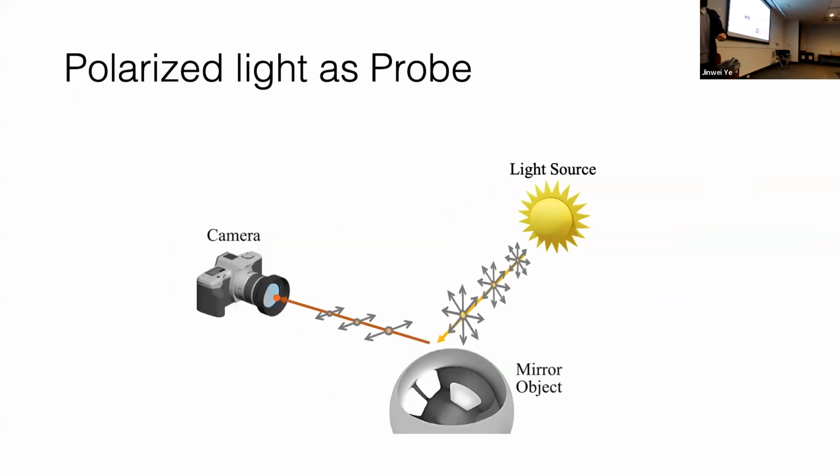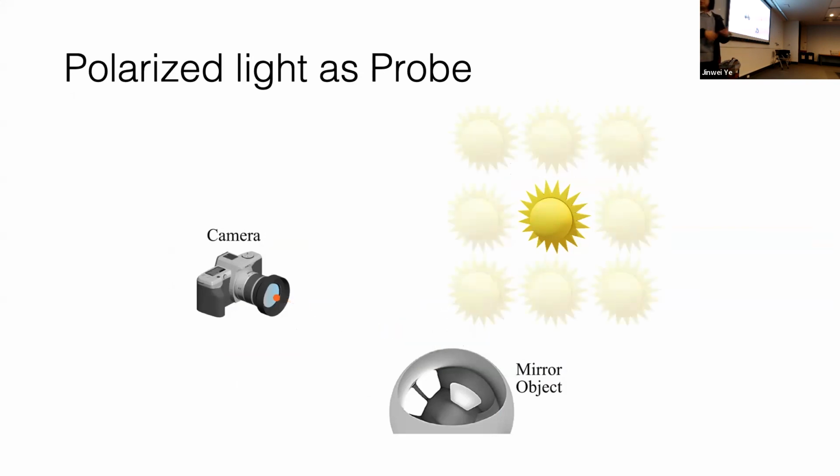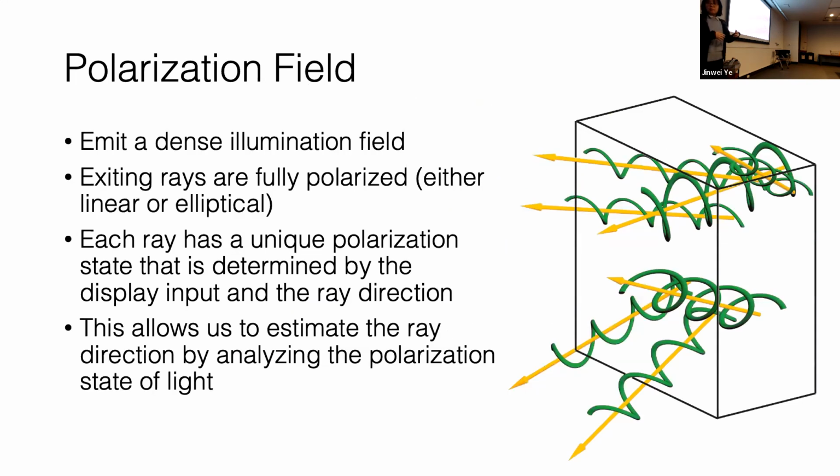The hope is if we know the polarization of the incident light, and we can also measure the polarization of the exit light, then by applying the Fresnel equation, we can do some reasoning about the surface normal. Okay. And then instead of using a single point light source, we want to use an array of light sources. So with that, we propose this polarization field.